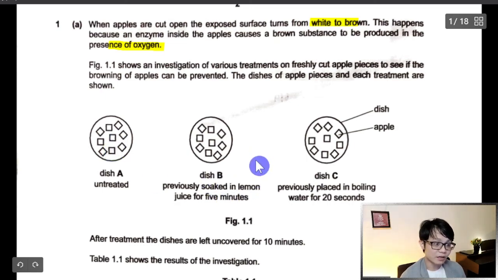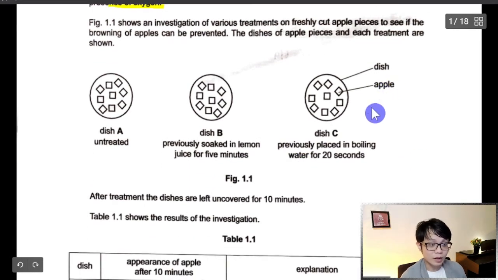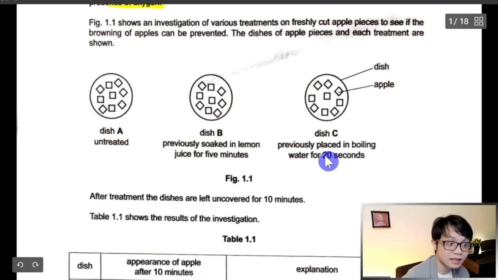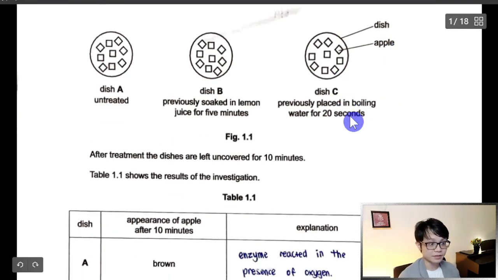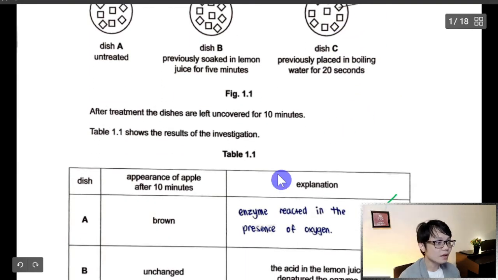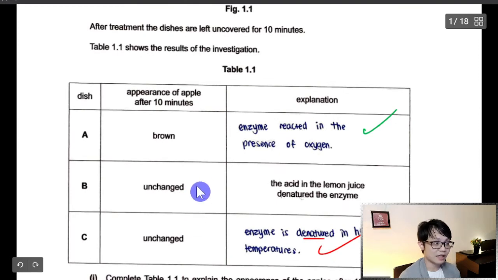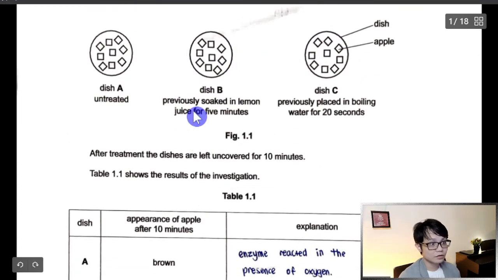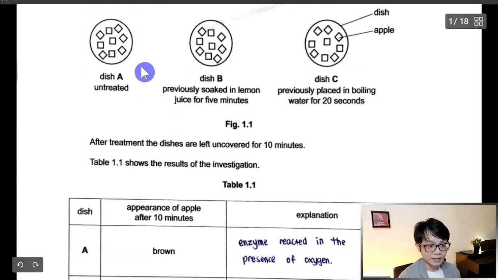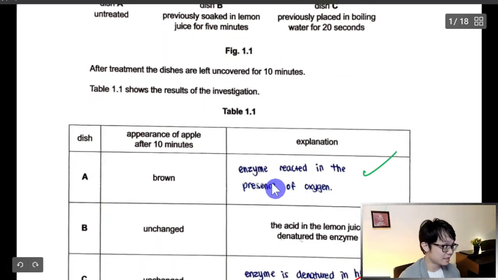Then dish B, you soak in lemon juice for 5 minutes. And this one was previously placed in boiling water for 20 seconds. So let's see what happened. Appearance of apple after 10 minutes. So it's brown, unchanged. So untreated, it will become brown because the enzyme reacts with the oxygen in the air.